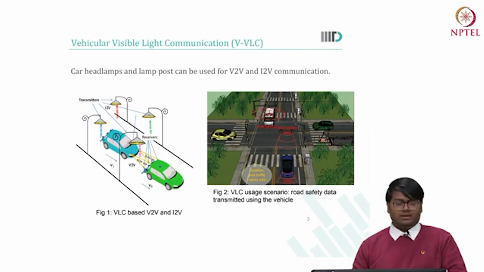Vehicular VLC utilizes the existing vehicle headlamp LEDs as a transmitter and a photodetector or camera as a receiver. As shown in this figure 1, the car headlamp and lamppost can be used for vehicle-to-vehicle, V2V, and infrastructure-to-vehicle, I2V, types of communication.